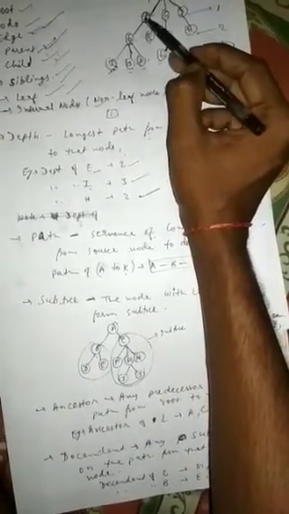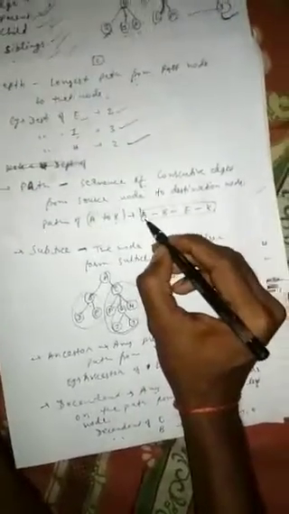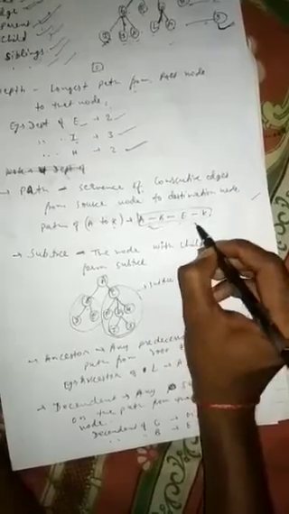A, then B, then E, then K. This is the path of A to K.